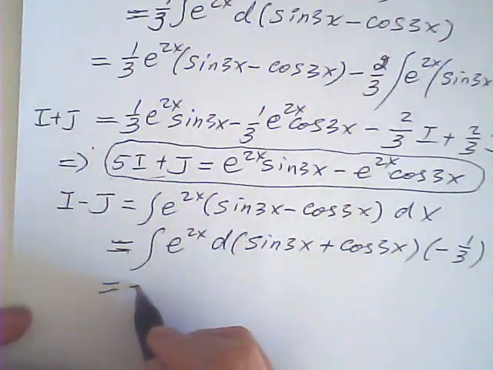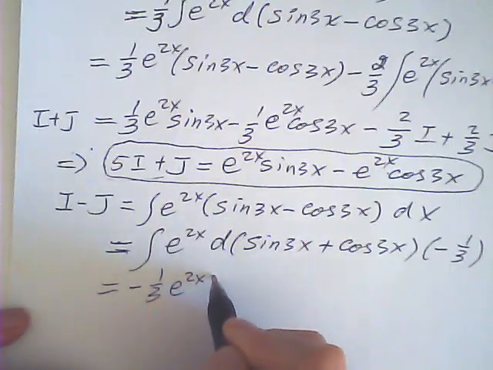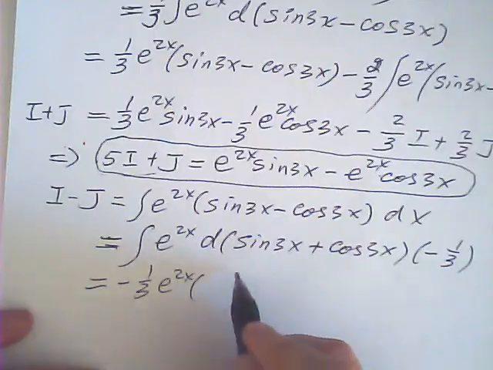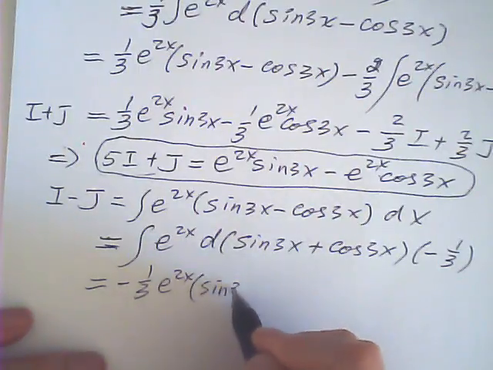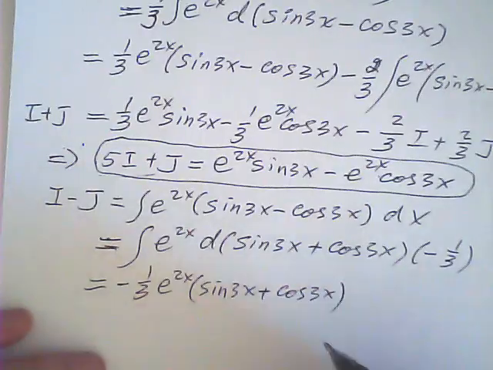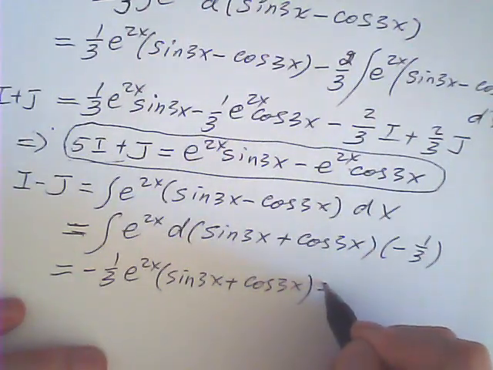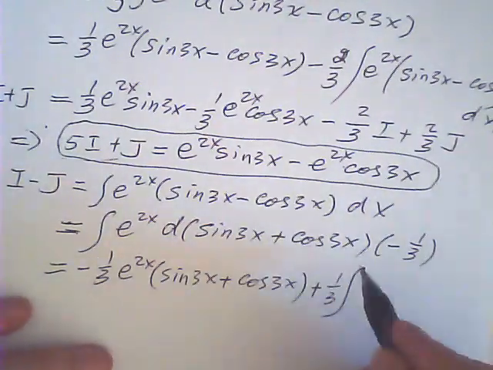uv minus 1/3 e to 2x times v, minus becomes plus, v du.